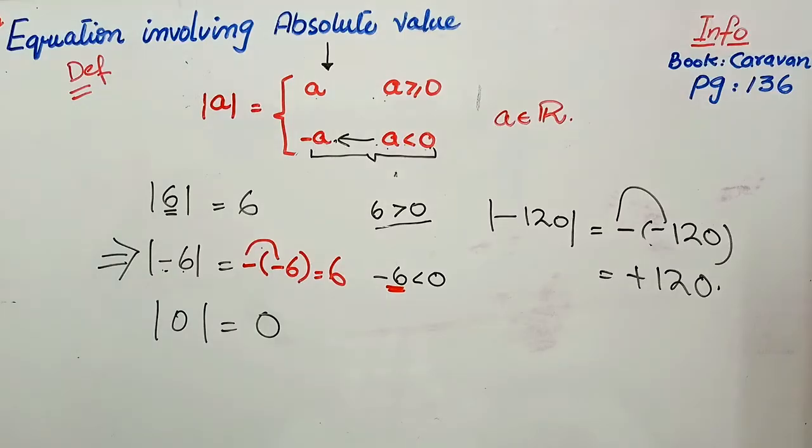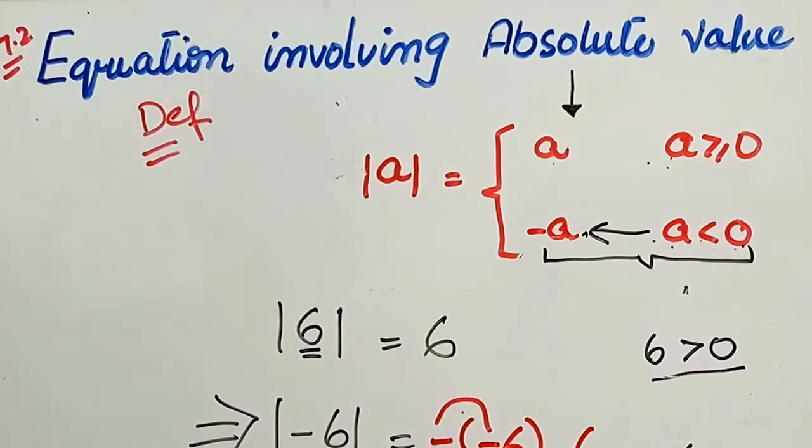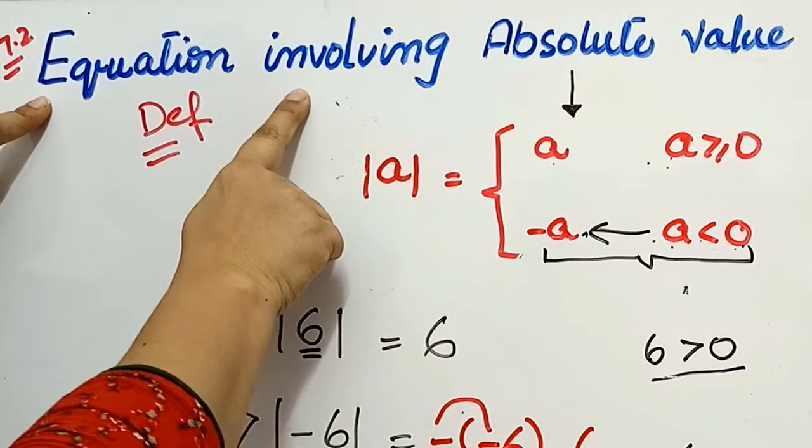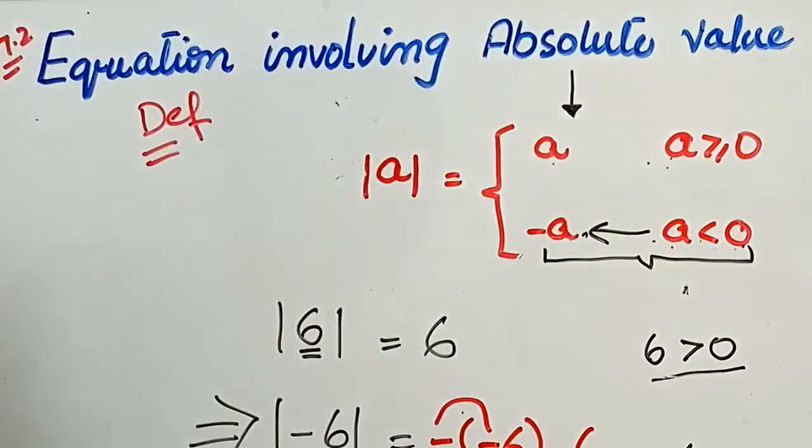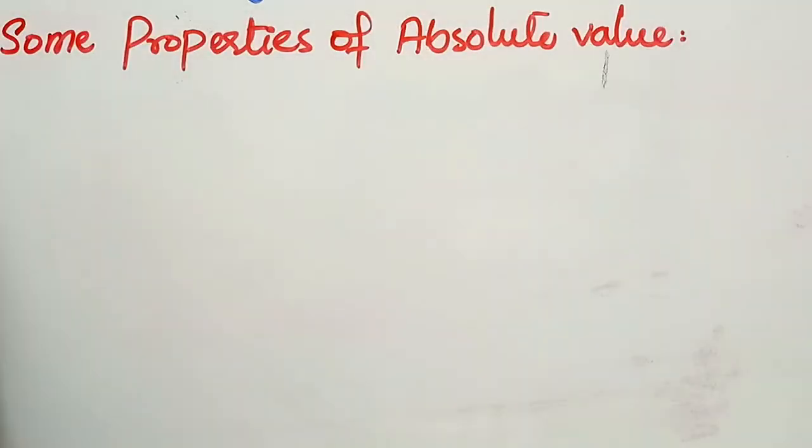Fine. I hope you have understood the concept of absolute value, because we cannot understand equations involving absolute value without understanding this concept. Now let's discuss some important properties of absolute value.